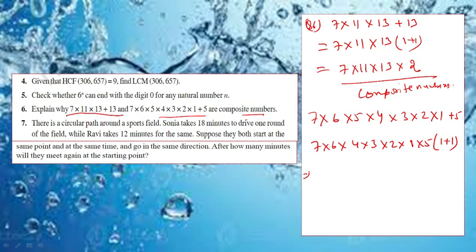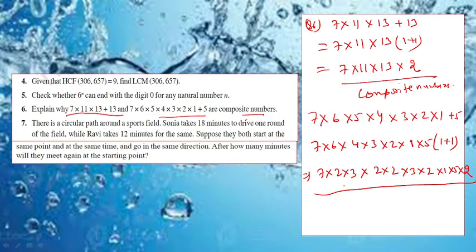So this will be 7 into 6 can be written as 2 into 3, 4 can be written as 2 into 2, into 3, into 2, into 1, into 5 into 2. So a composite number can be expressed as product of prime numbers, so all prime numbers came. So that's why we can say that these are composite numbers.